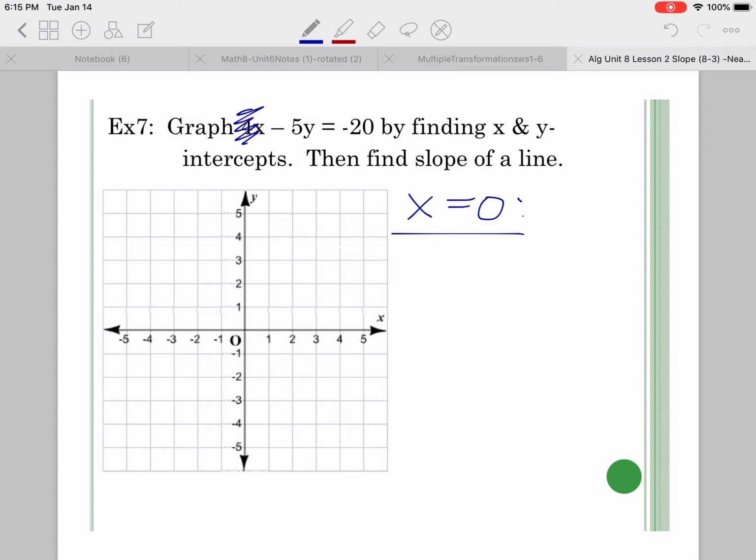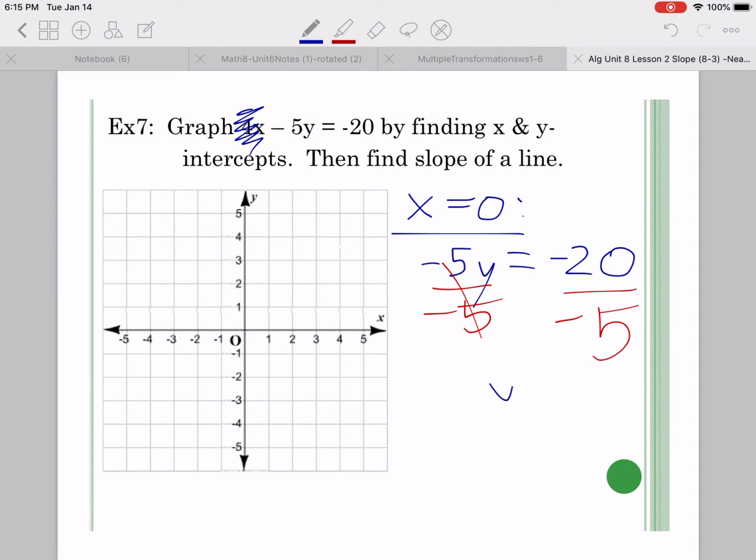So this 4x is going to drop out there. We call this the cover-up method, because we covered up the 4x, and we're basically going to solve the rest of the equation. Once again, it's because the x dropped out. So at that point, we can divide both sides by -5, and we'll get y is equal to 4. So let's put that up here at 4. That would be the y-intercept.